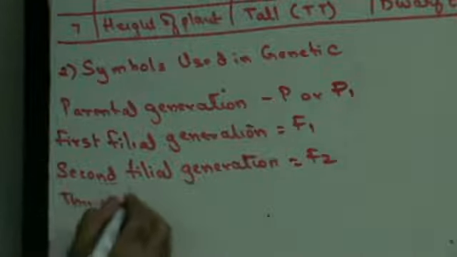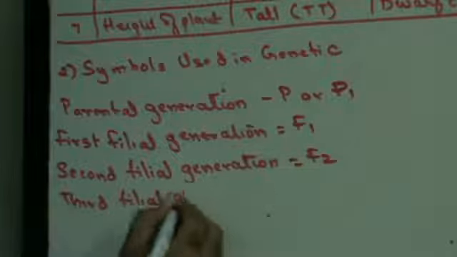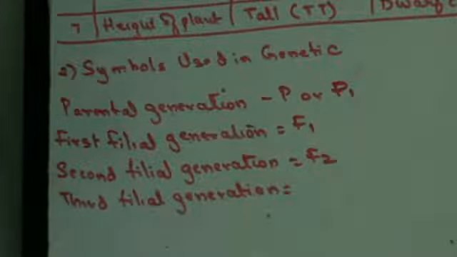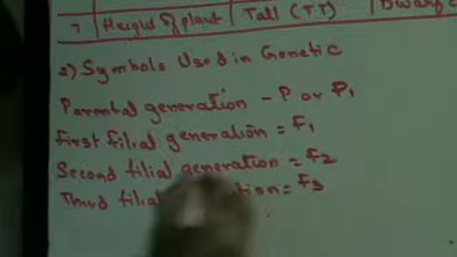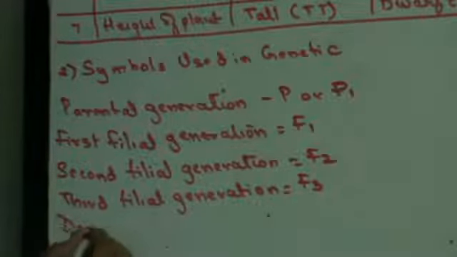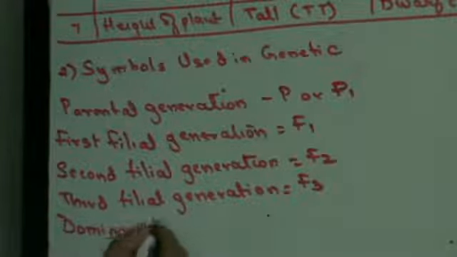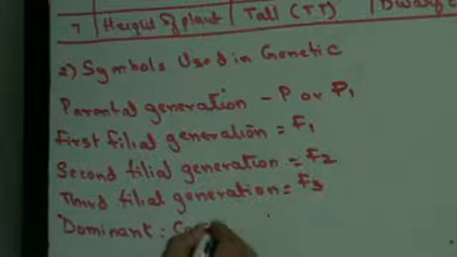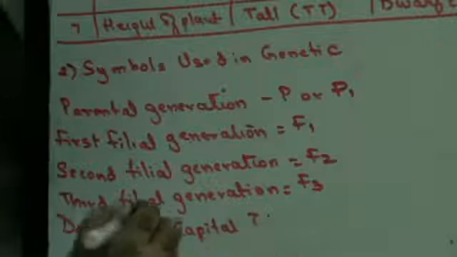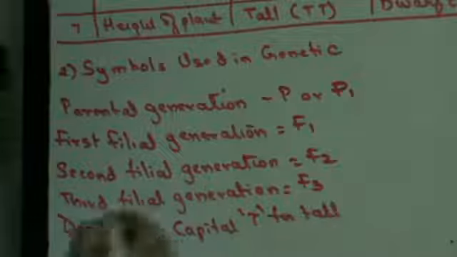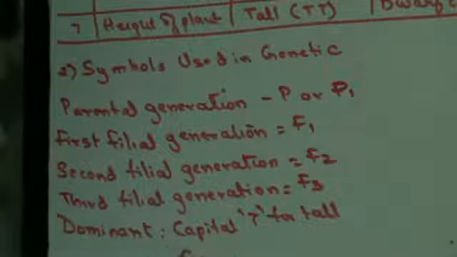Third filial generation, represented as F3. Dominant character is always represented with capital letters. You could have capital T for tall, or capital Y for yellow.